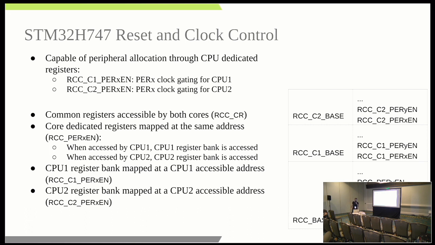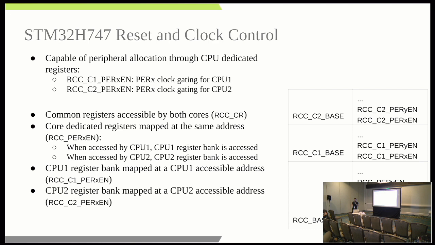There is one bank which is capable of clock gating for CPU1 and one bank dedicated to clock gating for CPU2. There are also some common registers that are accessible by both cores for the IP configuration.